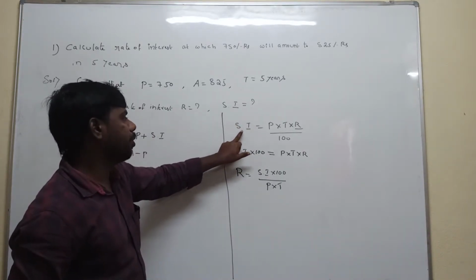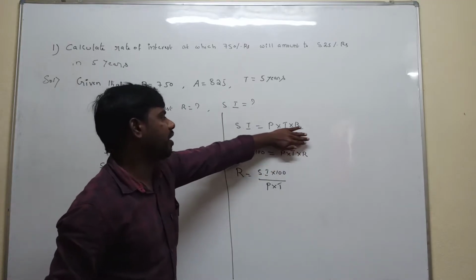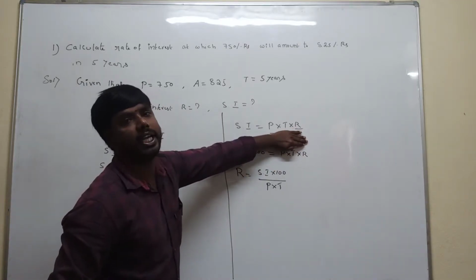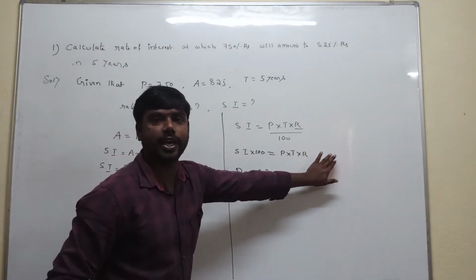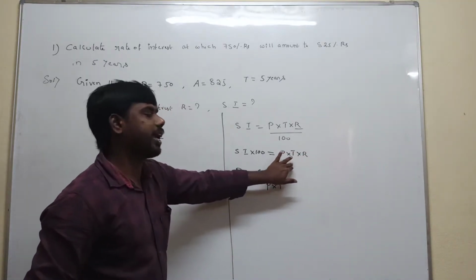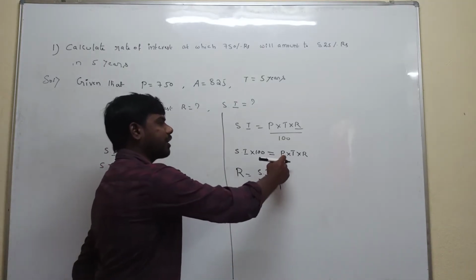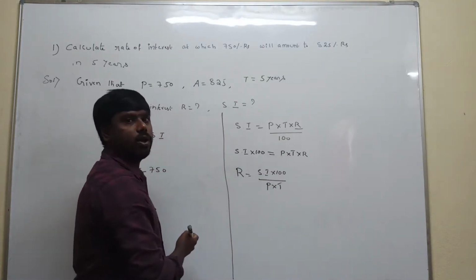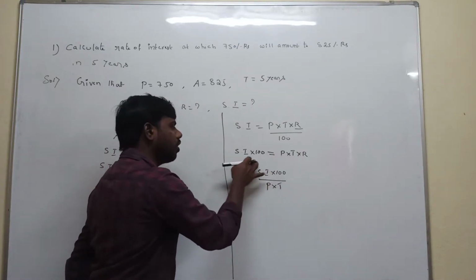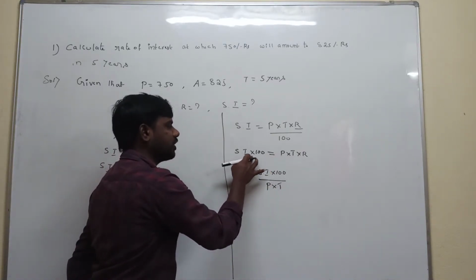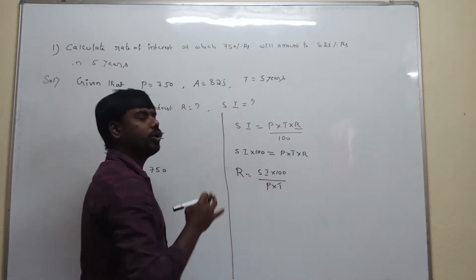That's why simple interest into 100. What is left on the right hand side is PTR. We put only R on the left hand side and take the remaining values to the right hand side. The product elements go to the left hand side denominator. That's why P and T go to the denominator, so simple interest into 100 by P into T is equal to R.